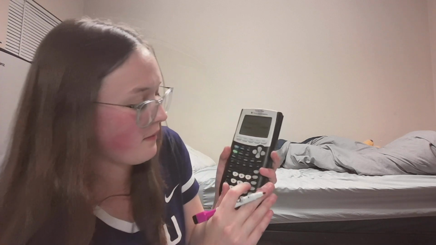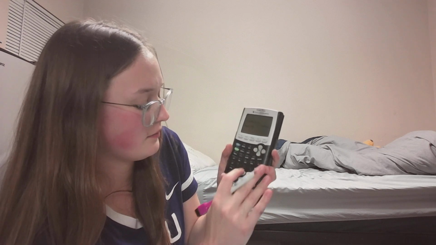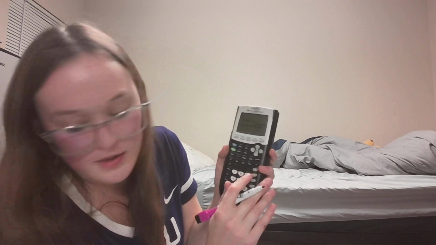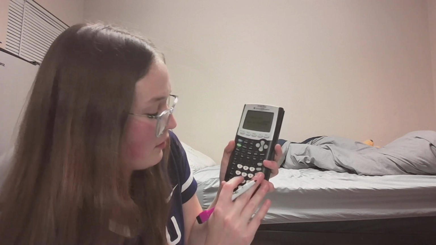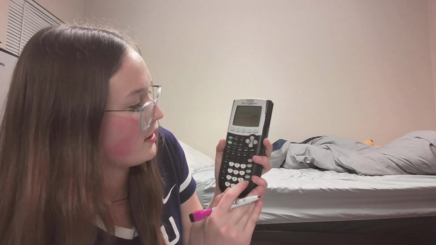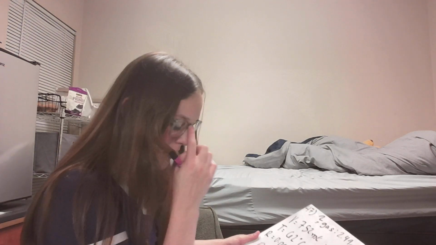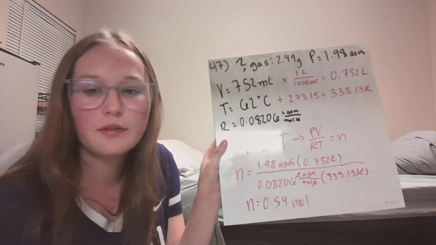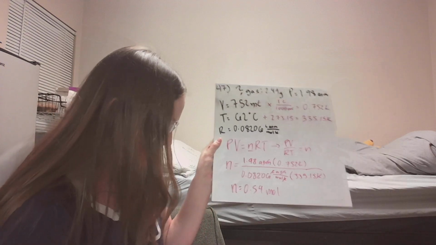Oh, oops, one second. I typed that in wrong. So 1.98 times 0.752 divided by 0.08206 times 335.15. And you should get 0.54 as your number of moles. So n is going to equal 0.54 moles.